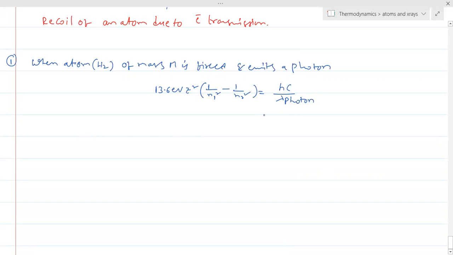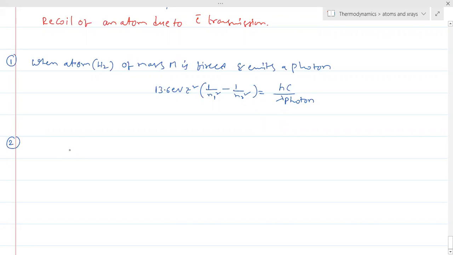The conclusion is that while it emits a photon, we are treating the hydrogen atom as fixed. We are not thinking of any recoil. Slowly we will consider the situation where we do have recoil.